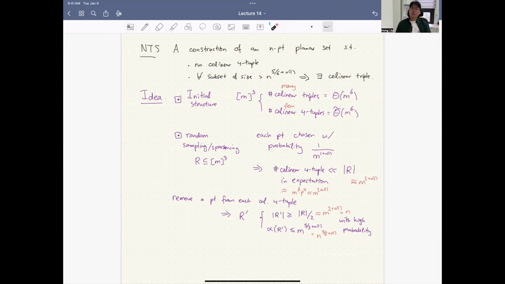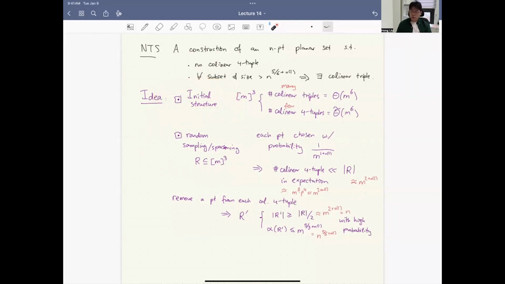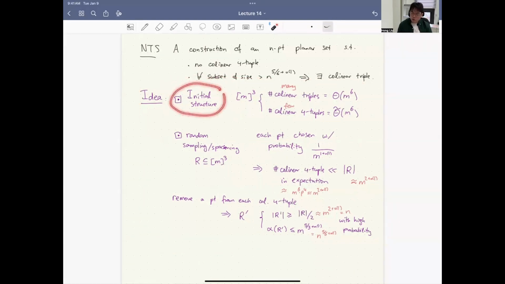And in the past 1 decade, there are many hybrids of these two forms that perform much better than random construction, meaning that initially you start with something very structured. Then you do some random substructure of that, random sampling. Combining, you'll do better. For example, here, we start with some initial structure that's already sort of good for us.